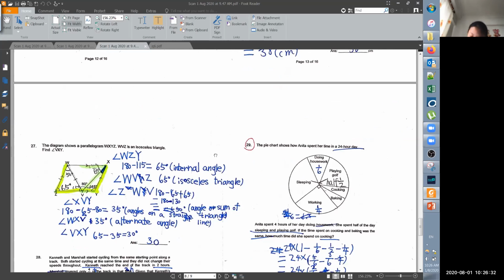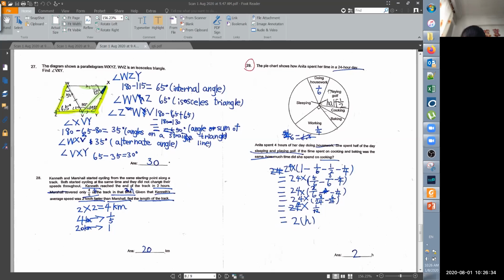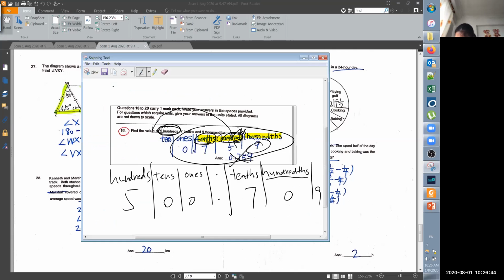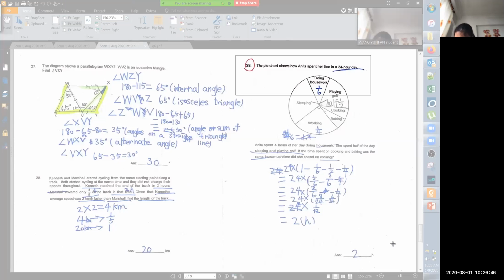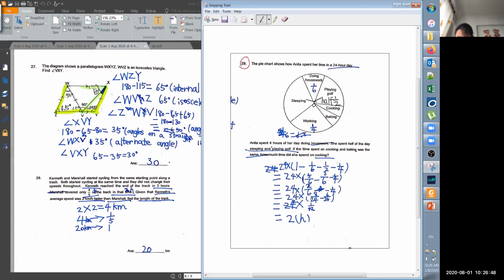Next. Oh, you made a mistake here. What's wrong? It says the pie chart shows how Anita spends her time in a 24-hour day. So 一天, 1 day, 24 hours. Let me get this question out so it's easier to manage. Anita spent 4 hours a day doing housework. Where's housework? Here, right? So this is 4 hours.